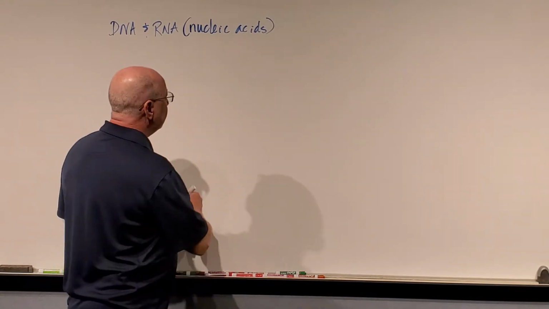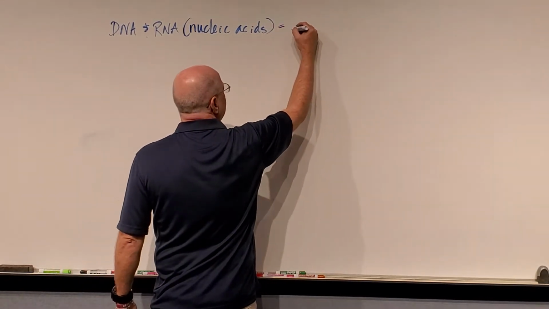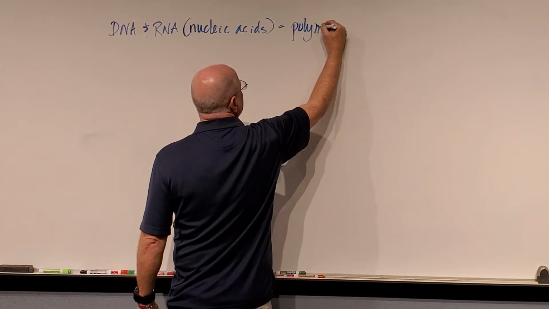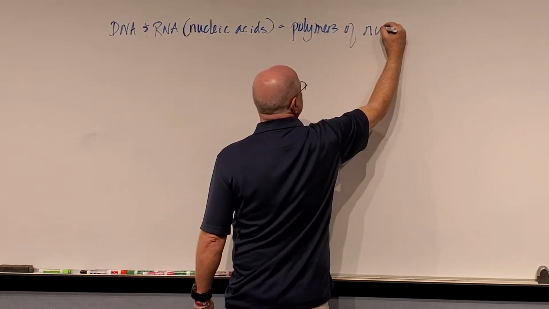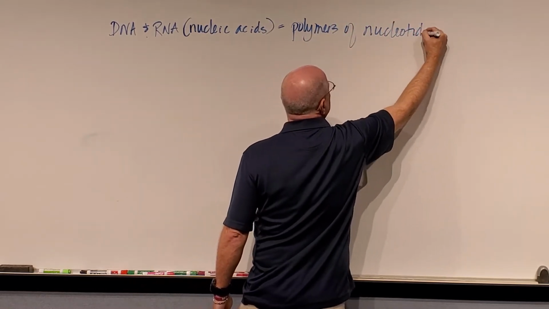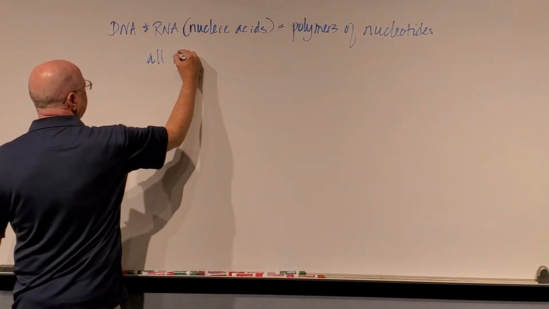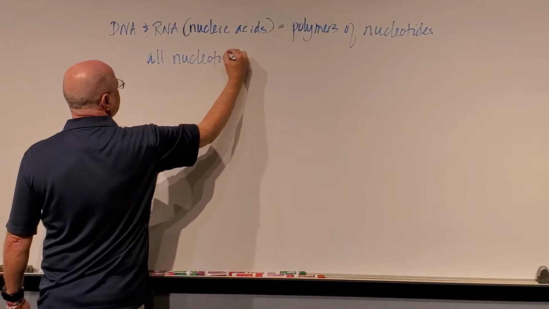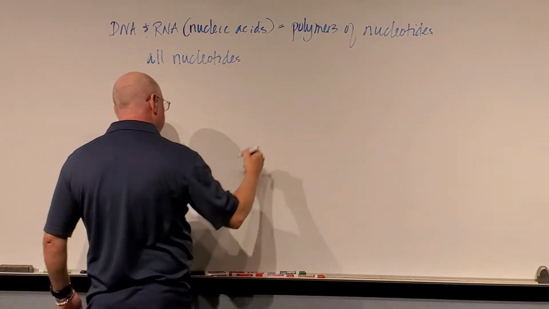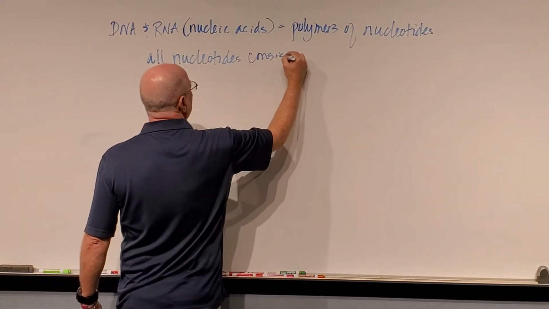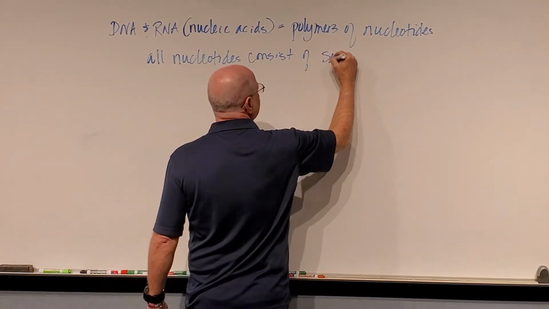Now, both DNA and RNA, the nucleic acids, are also thought of as polymers of these things called nucleotides. All the nucleotides that we're going to talk about are made of the same three things.